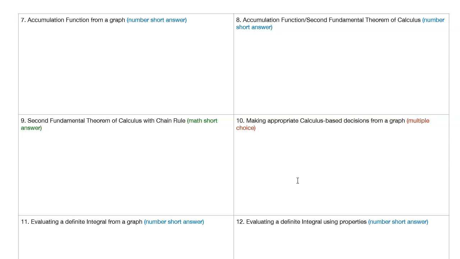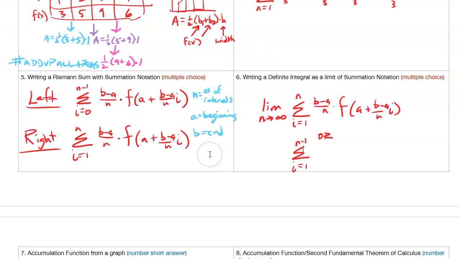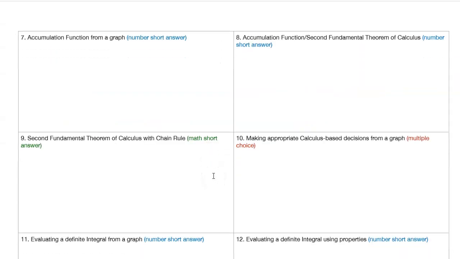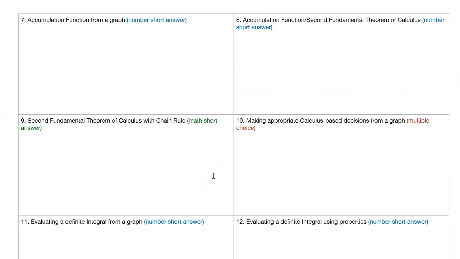Accumulation function from a graph is, yep, absolutely. You're welcome. You got it? Okay. And then, don't forget, I'm recording all of it, so if there's something you forget later tonight that you want to look back on, you're absolutely welcome to do that.